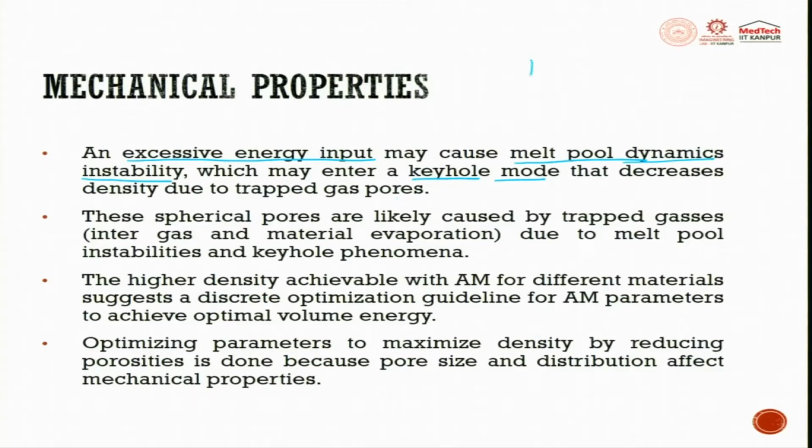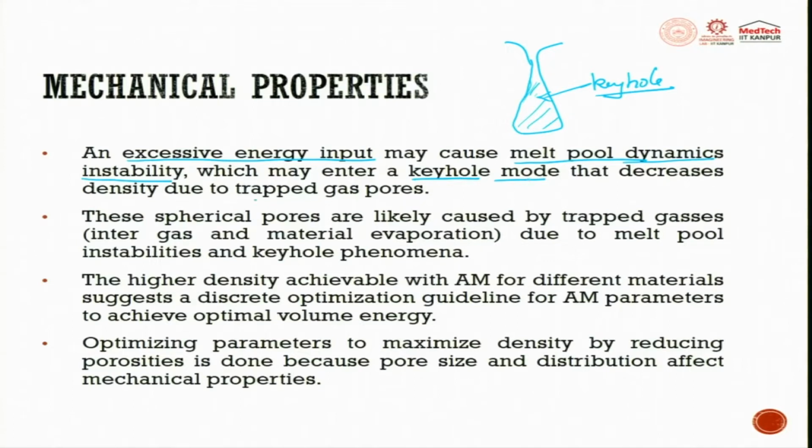Say, for example, a keyhole looks something like this. Here this is the melt pool and here this is the keyhole. So, when we use excess power, it introduces melt pool dynamics instability and it leads to the keyhole effect.